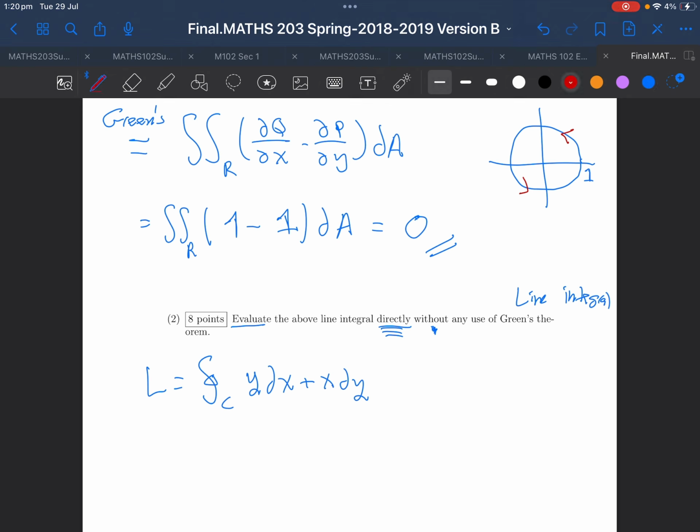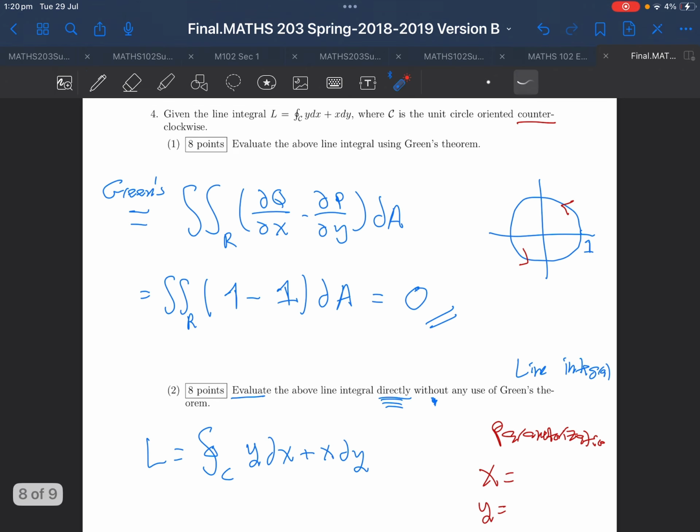So we need to do parameterization. We must say x equals what in terms of t, y equals what in terms of t, and t from where to where.